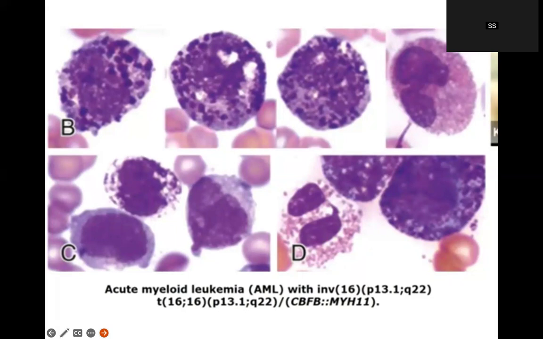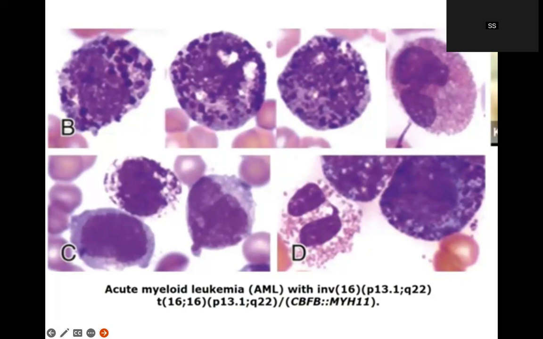When you see these types of cells, these are the morphological clues that the patient will have some clonal fusion gene, according to the recurrent genetic abnormalities. So it will help us send the patient for flow cytometry and cytogenetic testing, and then we can give the accurate treatment to the patient.